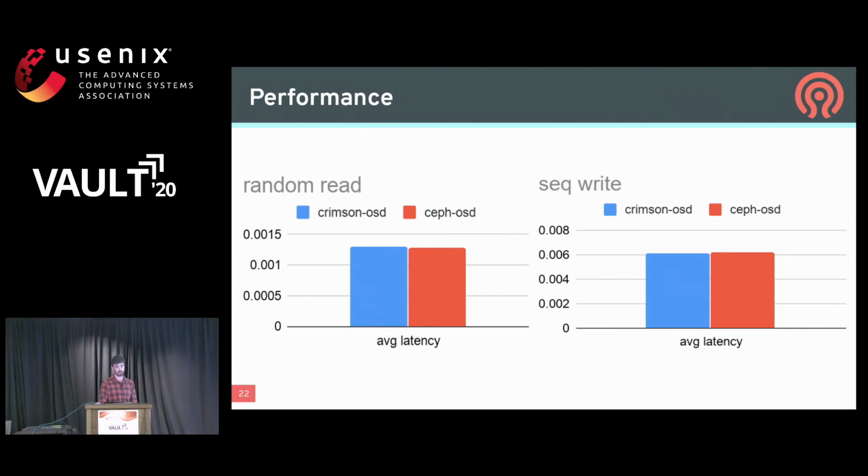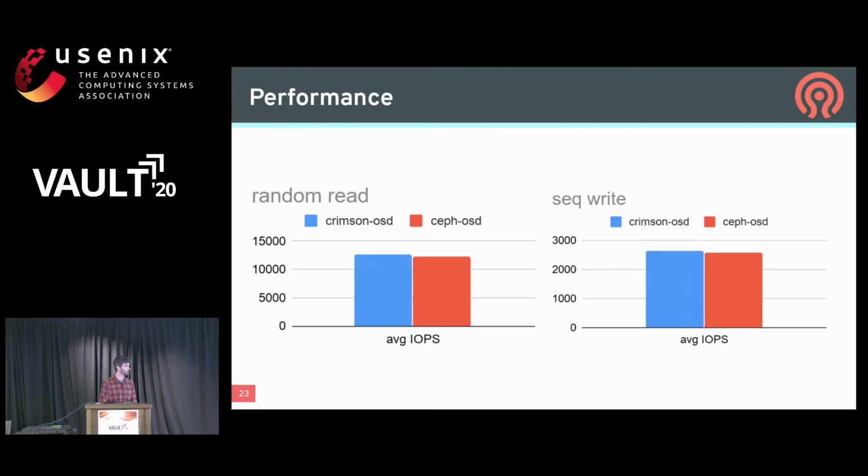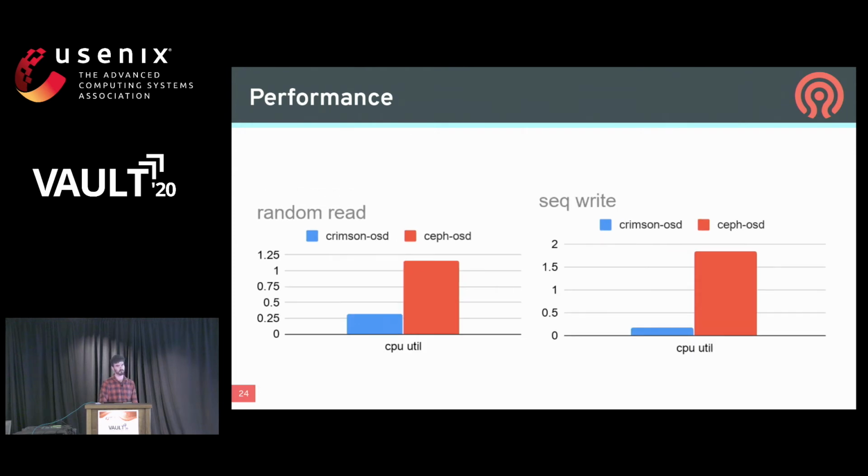So at the moment where we are, and again, this is with in-memory shims for both classic OSD and for Crimson, so we're not writing to disk here. Performance for latency is pretty much the same as classic OSD, which is not great news. And throughput's pretty much the same, which is not great news. But we use almost no CPU while doing it, which is pretty good news. And this is really the metric we're looking at.